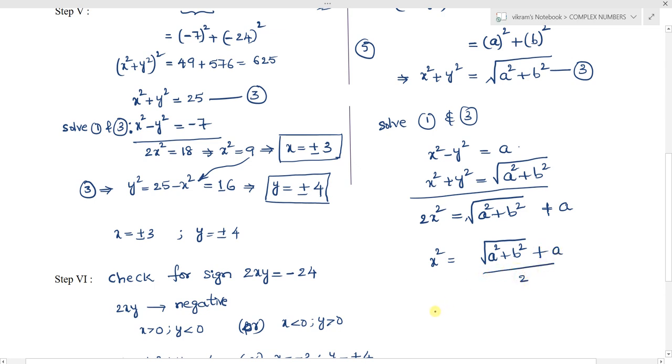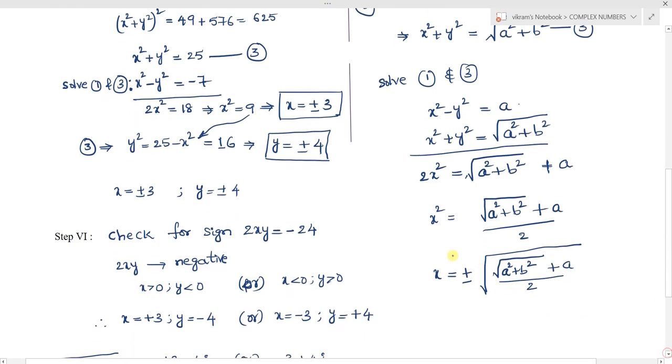Finally, x equals plus or minus square root of square root of a square plus b square plus a by 2, which is the value of x.